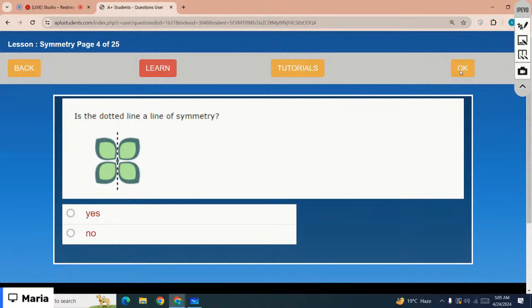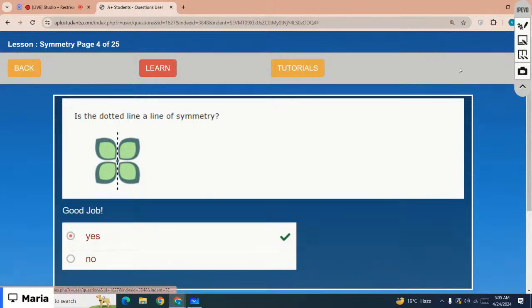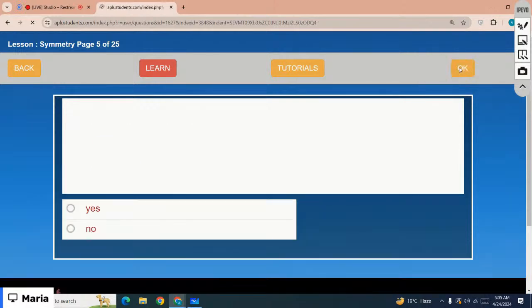The correct option is yes, it is. Is the dotted line a line of symmetry?